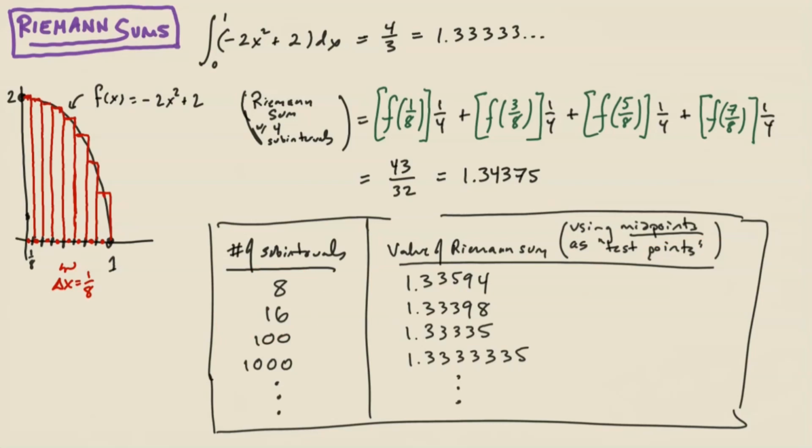Which brings me to the next point, which is that as the number of subintervals increases, so that each individual subinterval gets smaller, it matters less and less whether you use the midpoints or the right endpoints or the left endpoints or whatever, because the smaller the subinterval is, the less room the function has to vary over that subinterval.